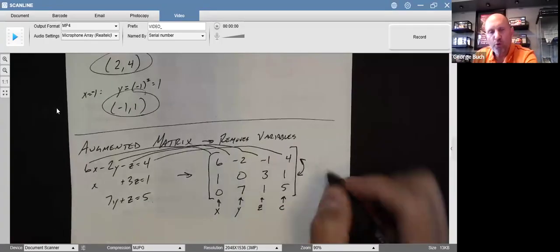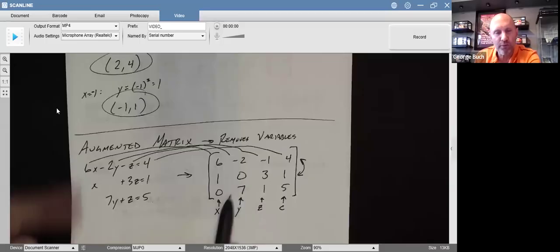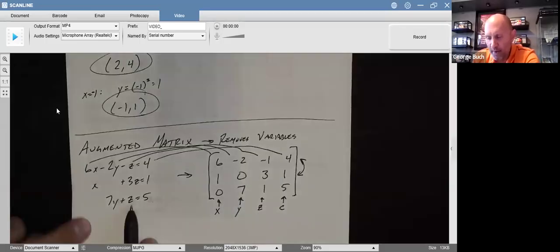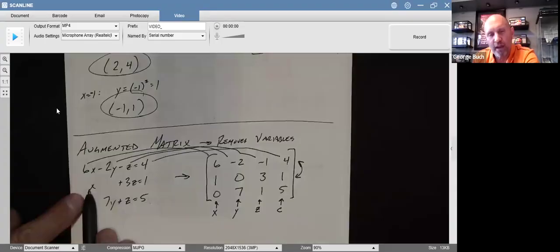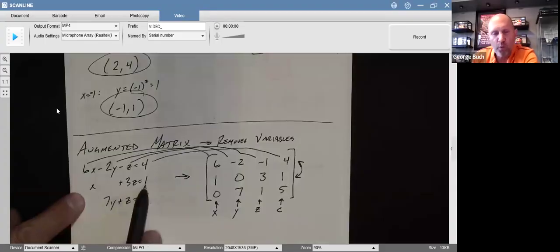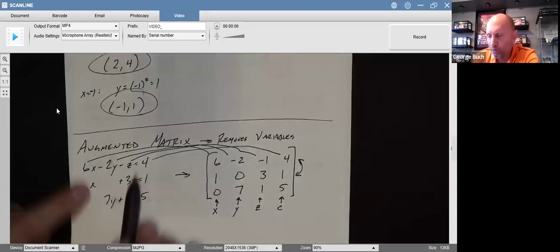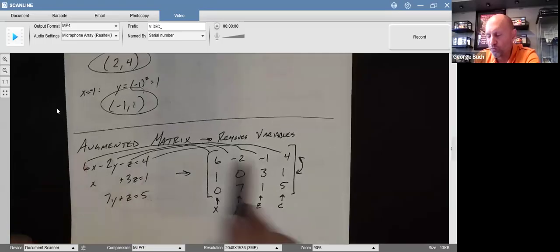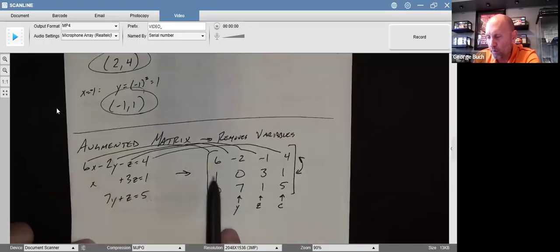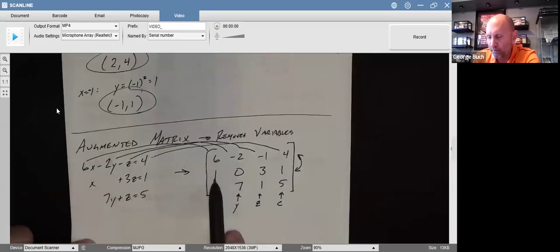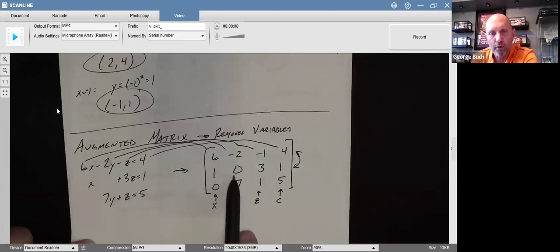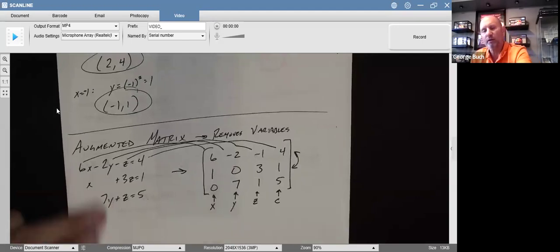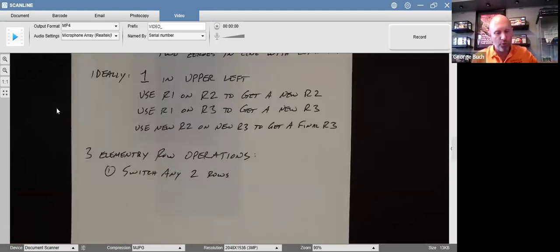Why? Because these rows are just a representation of these 3 equations. It just so happened that this equation was written second, but there's no reason this equation couldn't have been written first, so I can just switch these 2 rows if I want. So the top row would be 1, 0, 3, 1, and the second row would be 6, -2, -1, 4. So that's perfectly fine to do. I can switch any 2 rows.